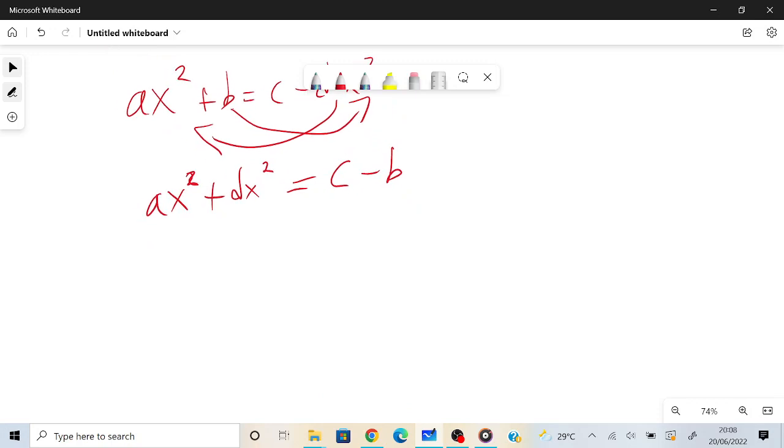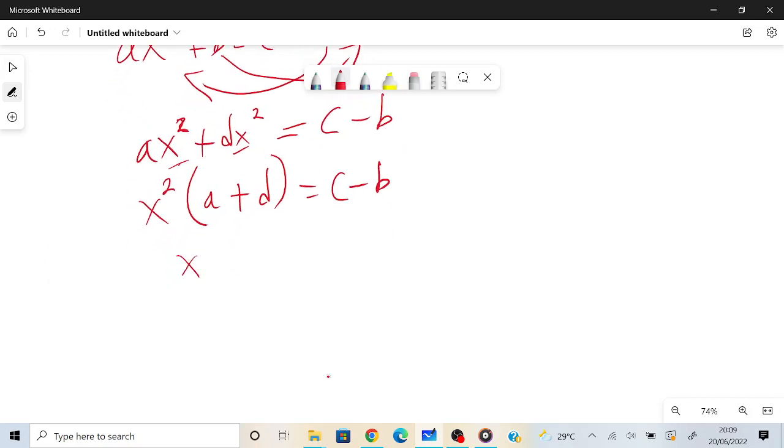Now, as you can see, x squared and x squared can easily be factorized, so this becomes simply x squared into a plus d. This is equal to c minus b. Now, you can simply do x squared is equal to c minus b all over a plus d.